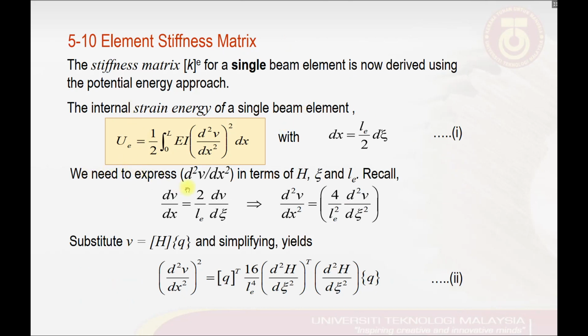So now we need to express the second derivative of v over dx squared in terms of h, z, and Le. We recall that dv over dx, which we know from the previous slide, is given by 2 over Le dv over dz. If we differentiate this equation one more time, then we have these expressions, and we substitute v equal to hq and simplify, which yields these expressions, given by equation number 2 in this slide.